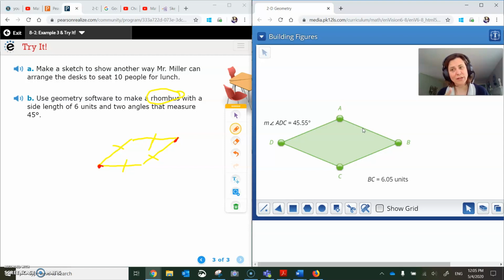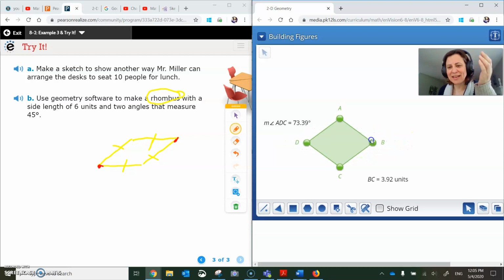There are easier ways to do this, but for right now, we're going to do it this way. This is the part where I wish we could have a discussion with each other, because there's lots of things that we start noticing, like as we bring point B in, the angle itself is getting bigger and the sides are getting shorter.